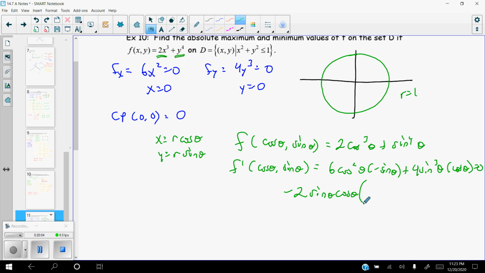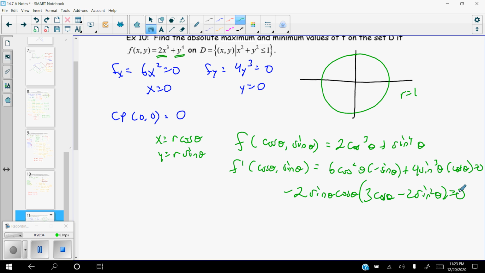So that's going to make this 3. Take the sine theta away, take one of the cosines. So 3 cosine theta. Take one of the cosines away from the second one. That will become a -2 now. And take away one of the sines. So that's going to be sine squared theta equals 0.